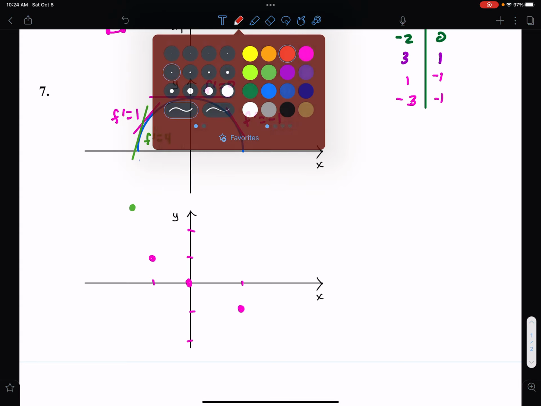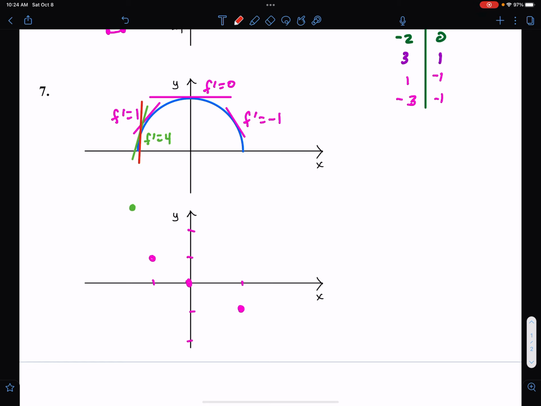So, like over here, it looks like the slope is like really, I don't know, 10. So what's happening is the curve is doing one of these things. The slope seems to be becoming infinitely large, it approaches infinity. The tangent line becomes infinitely steep as we move towards that point there.